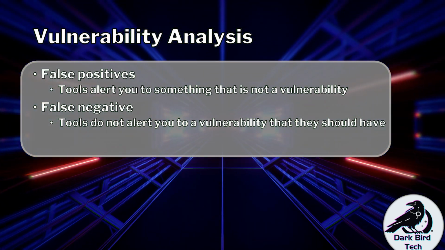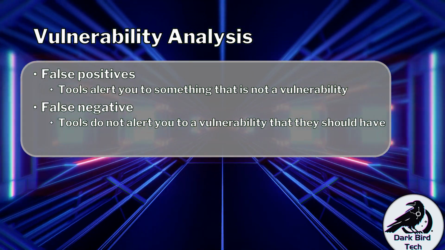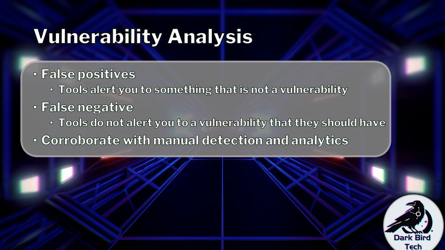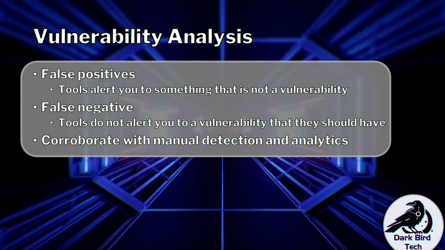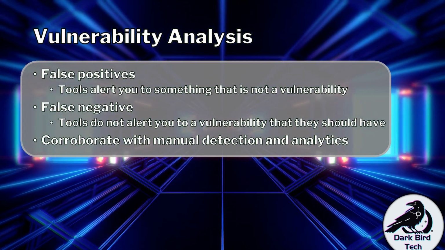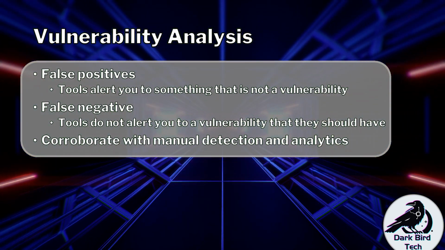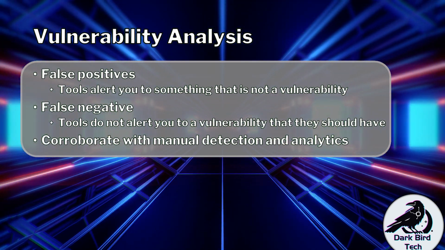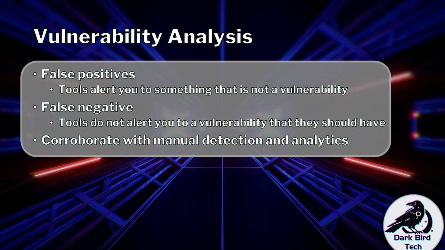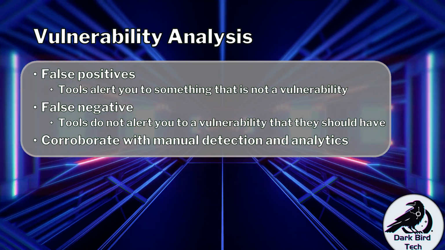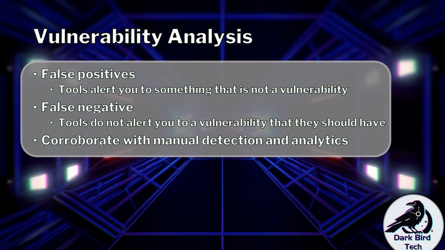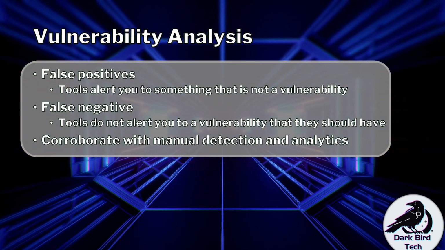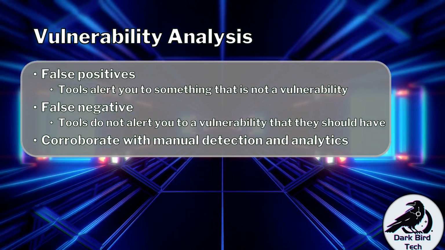Now, a very good idea is also to corroborate any information you get from a vulnerability scanner. Anything that does the work for you, try and corroborate it, or at least correlate it, with manual detection and analytics, just to support your belief in the tool and also validate the weirdness going on that might be more easily dealt with.